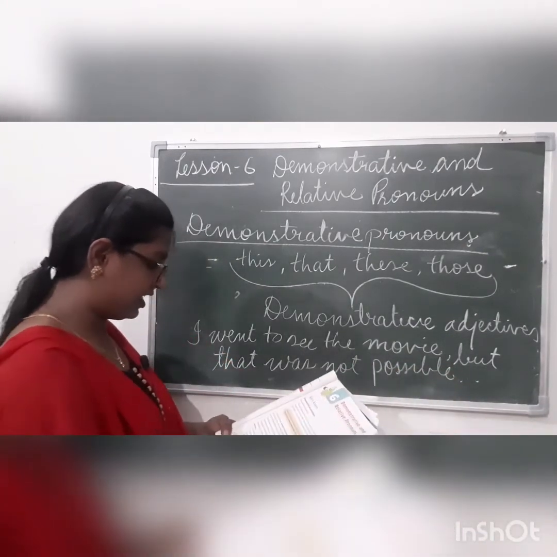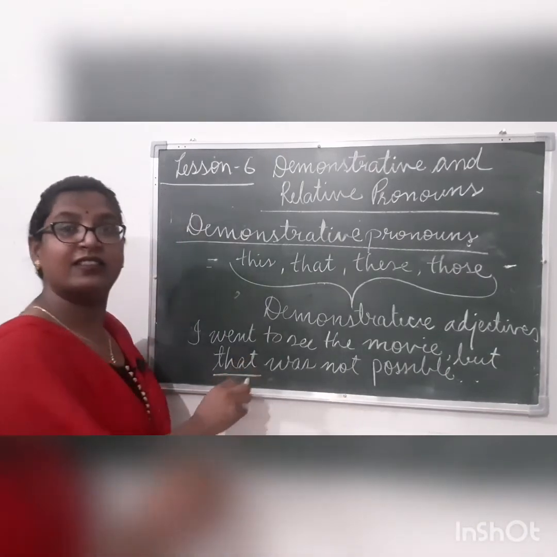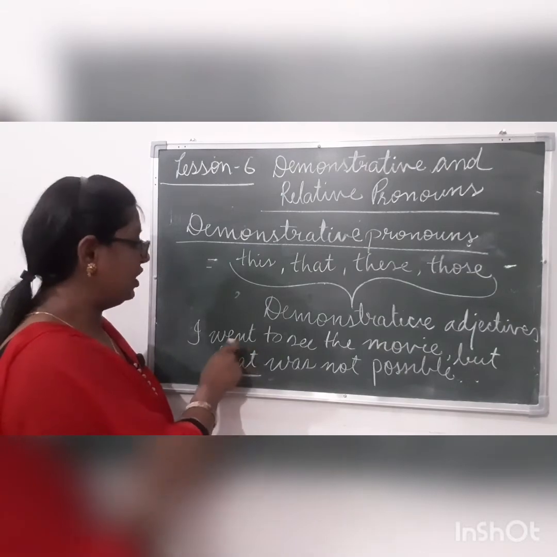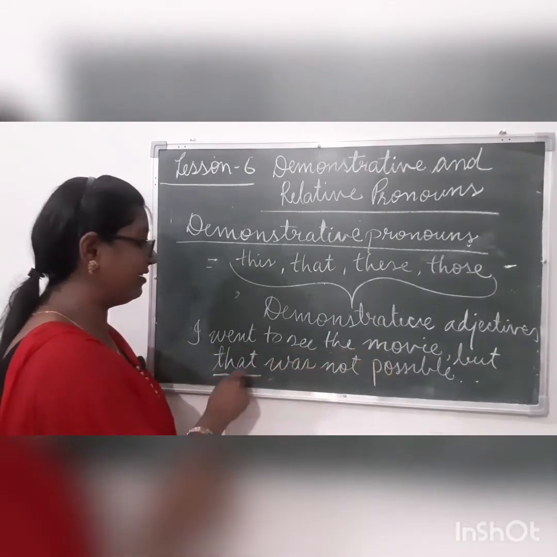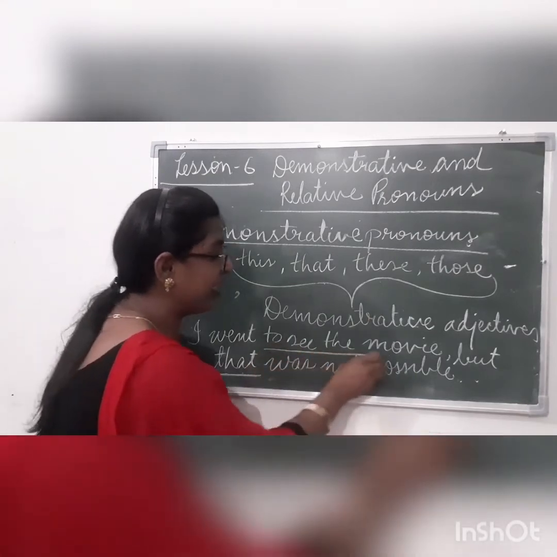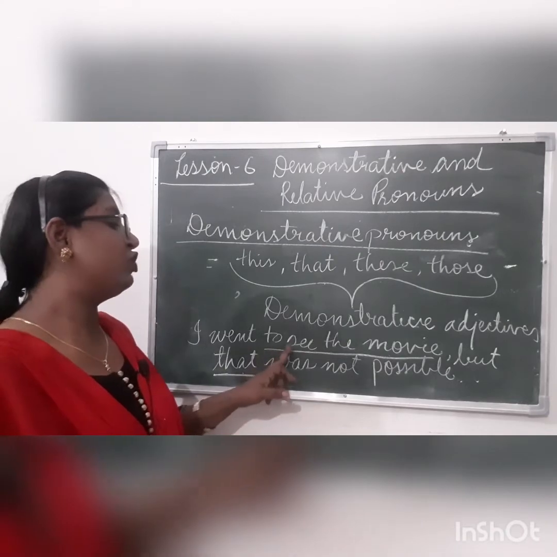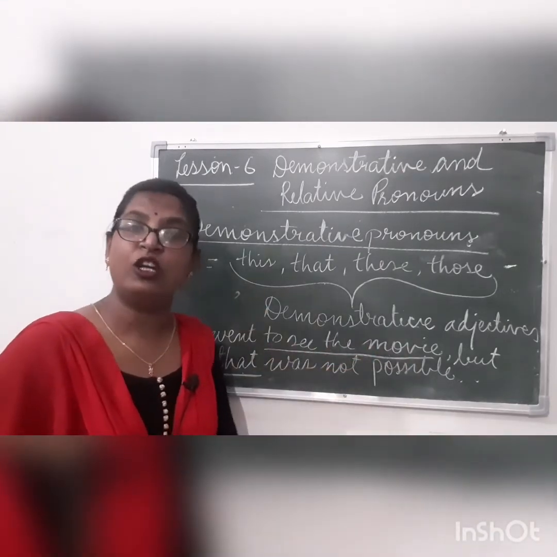Now here we can see the word that. I went to see the movie, but that is referring to seeing the movie. What was not possible? That was not possible means to see the movie was not possible.